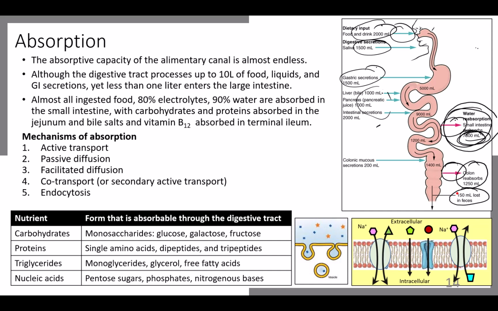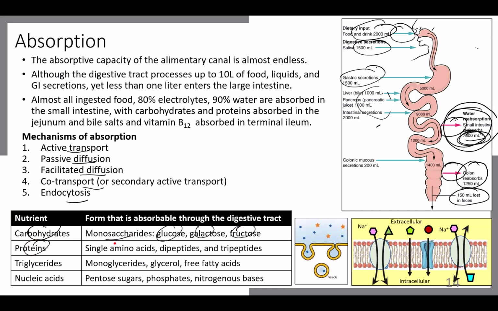In terms of absorption, you've got different mechanisms: active transport, passive diffusion, facilitated diffusion, co-transport, and endocytosis. Over here, we've got the different types of nutrients and the form in which they can be absorbed through the digestive tract. Carbohydrates are broken down into monosaccharides such as glucose, galactose, and fructose, where they're easily absorbed.